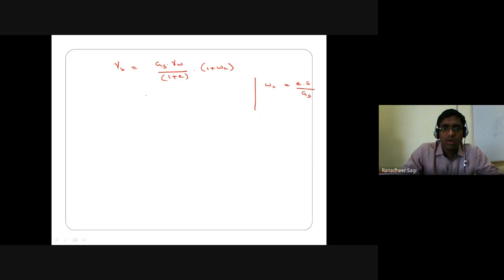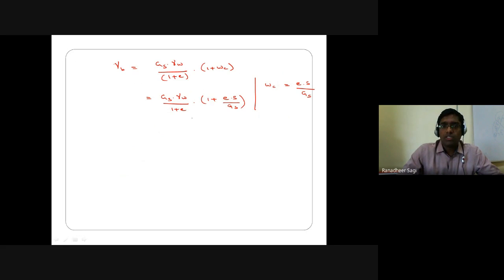If I do that, what I'll be getting is GS into gamma W by 1 plus E, into 1 plus water content, which I am writing as E into S by GS.